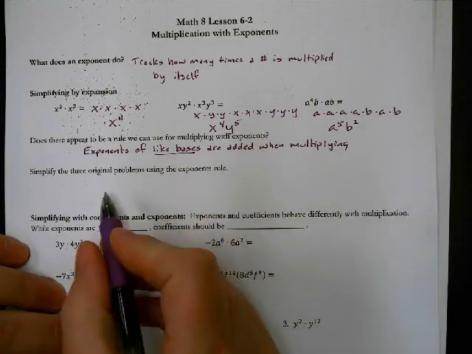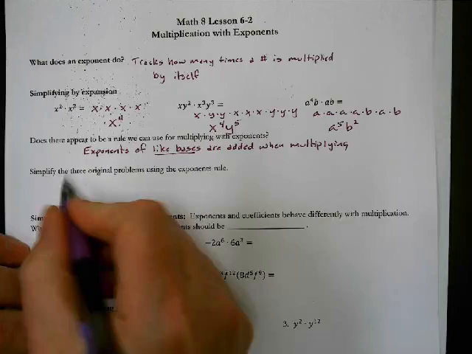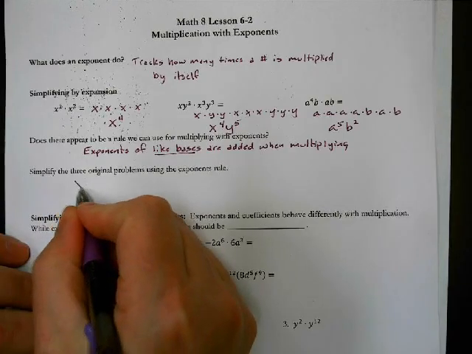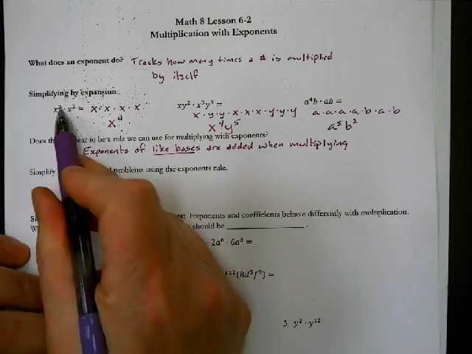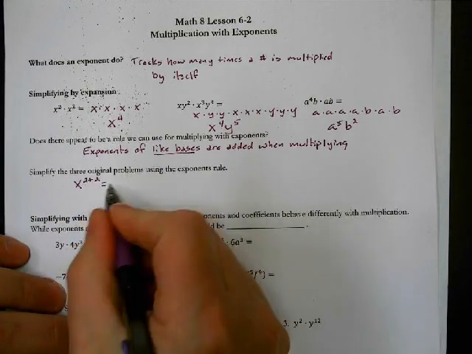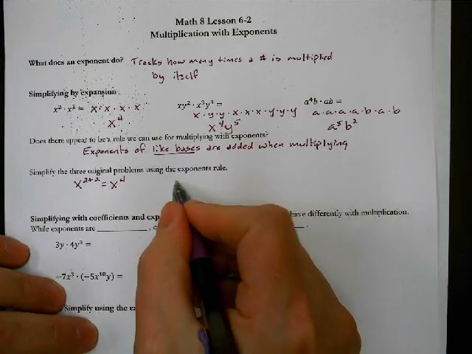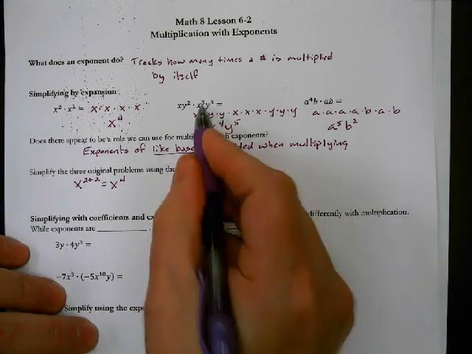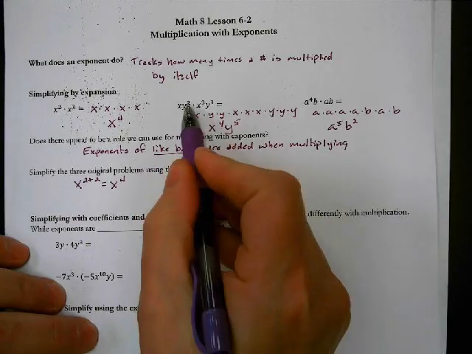So if I were to do this original problem with an exponent rule, this is what I would do. This would be x to the 2 plus 2 power, because the rule is we can add the exponents of the like bases. So that would become x to the 4th. This one would be x to the 1 plus 3, and then y to the 2 plus 3.